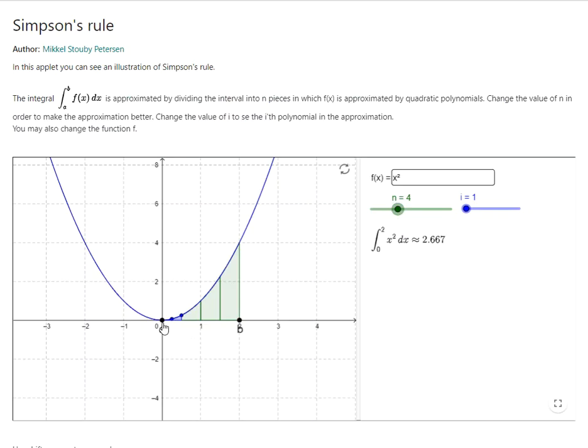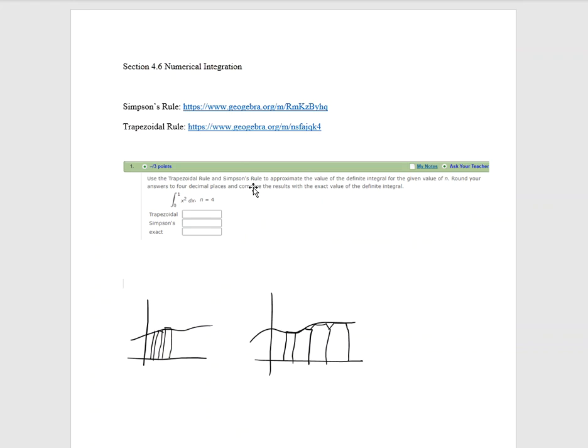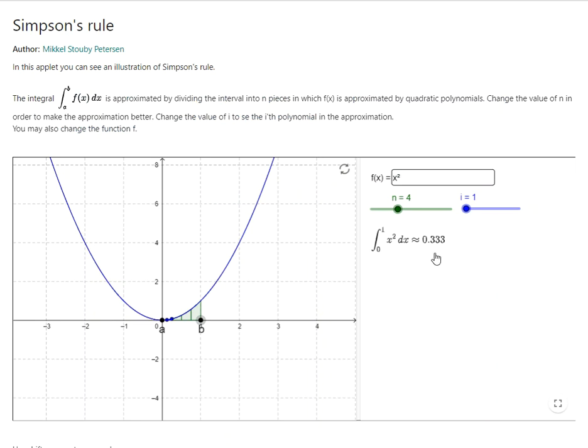So I'm going to move my a value to 0 and my b value over here to 1, and make sure n equals 4, which is what it asked for. Simpson's rule says this is 0.33333.